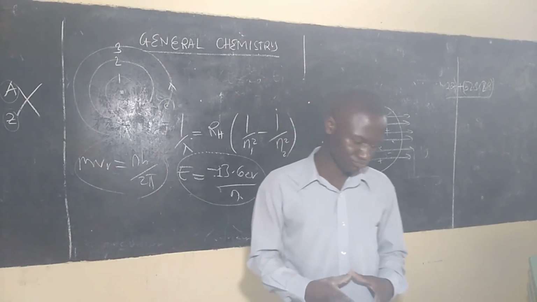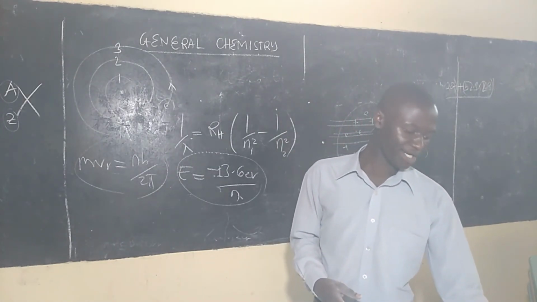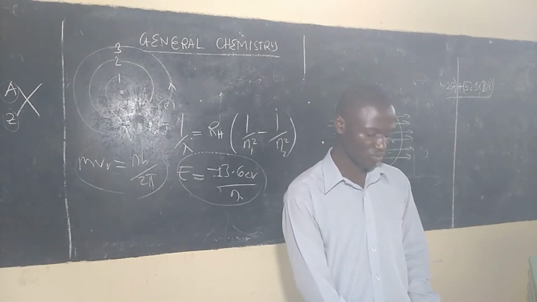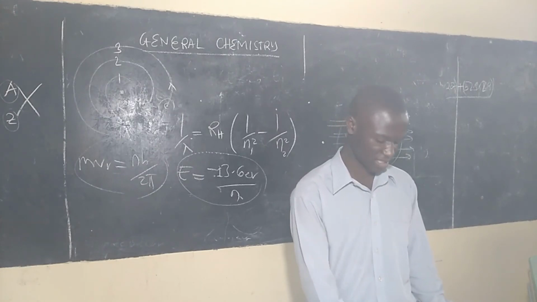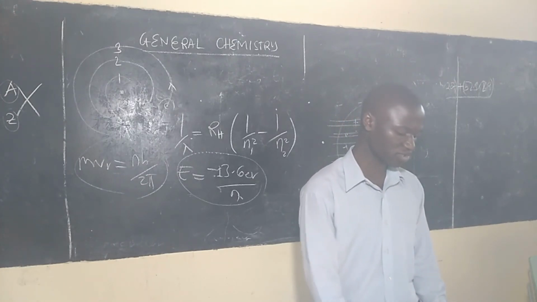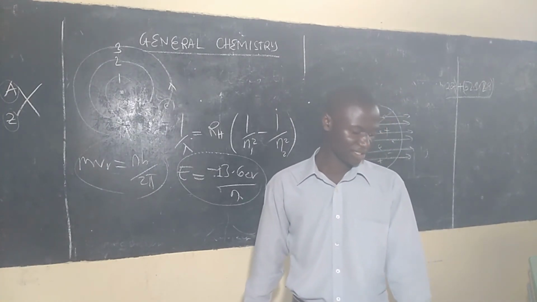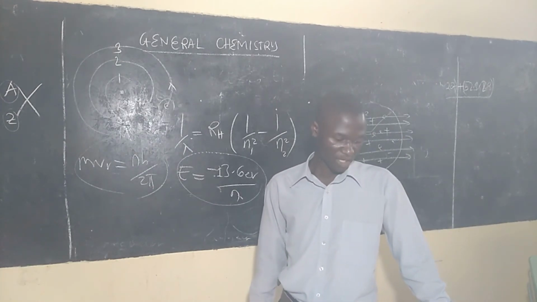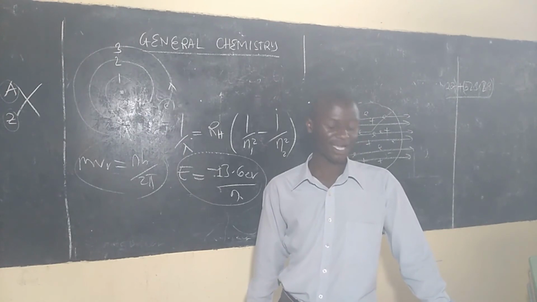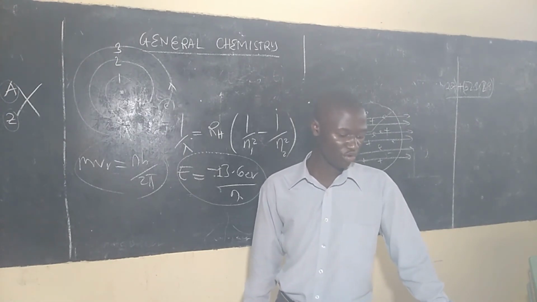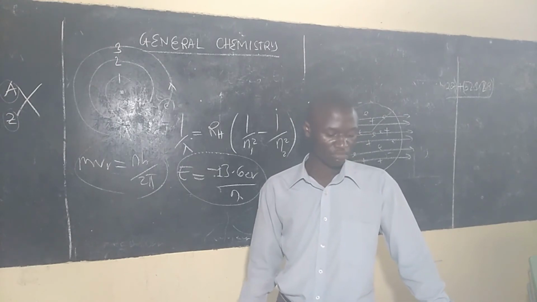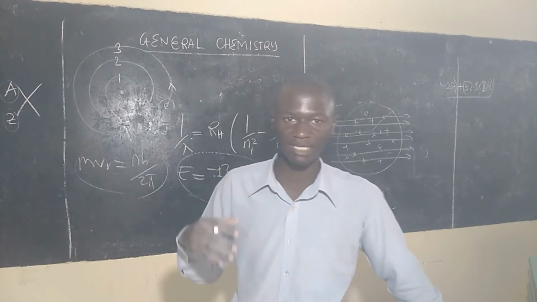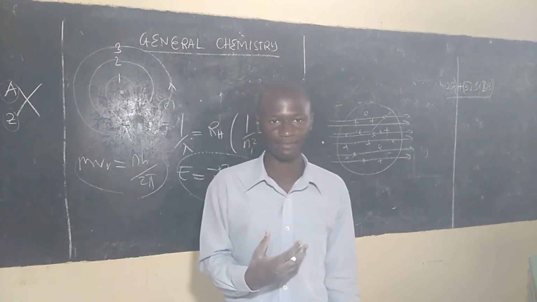Lakini toka hapo, number 3, Bohr idea of orbit assumed that the electron in an atom was located at a definite distance from the nucleus, and its velocity was also definite. So these ideas were proved wrong by the Heisenberg uncertainty principle. Kwa huyu Bohr alisema kwamba electron iko kwenye distance fulani from the nucleus, lakini pia alisema velocity ya hii electron inajulikana.